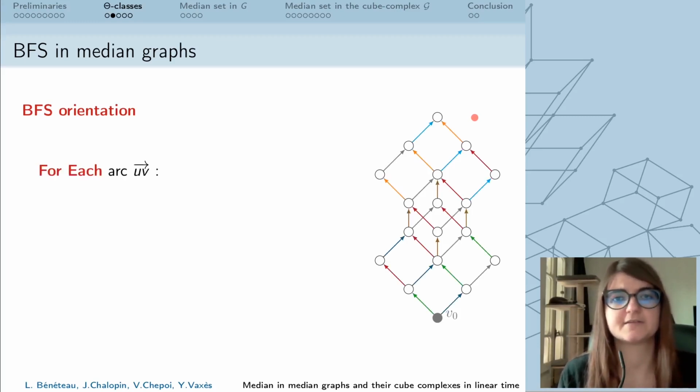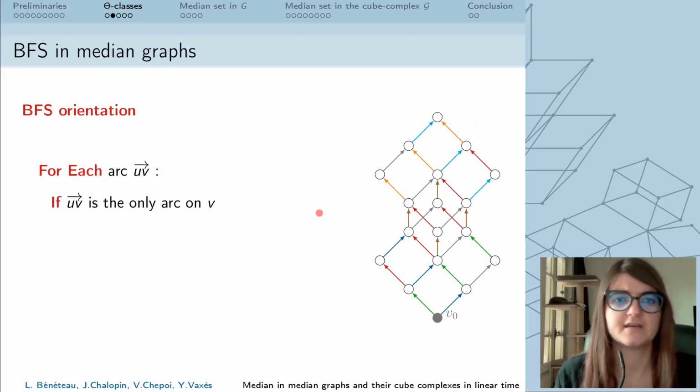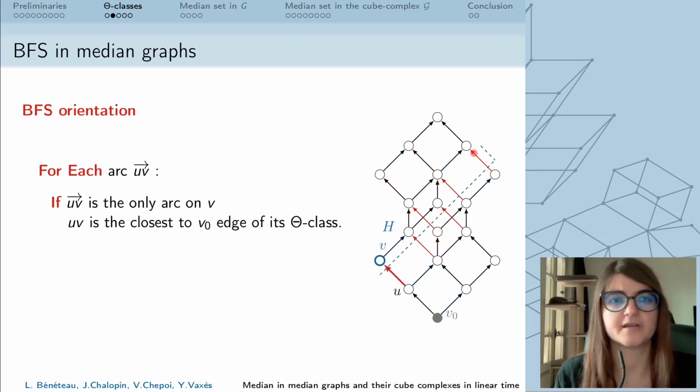Okay, so we see the structural property of the theta classes in BFS. For example, we can see that for each arc UV, if there is only one arc on a vertex, then it's the closest edge of the theta class to V0. For example, here.